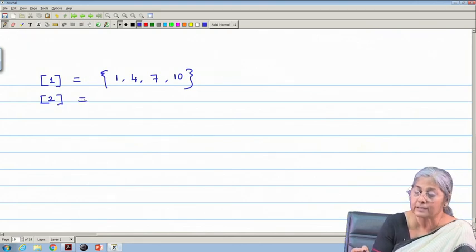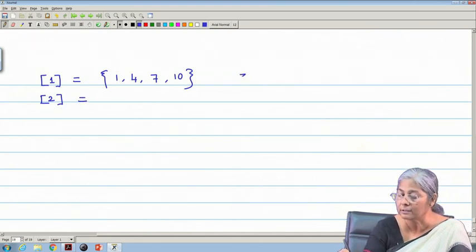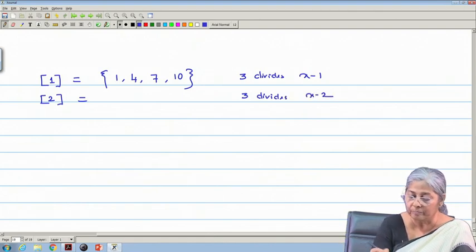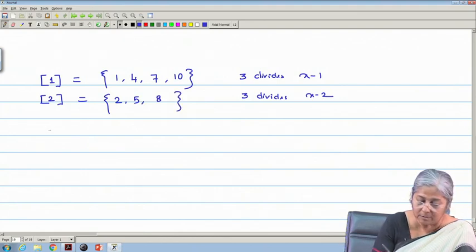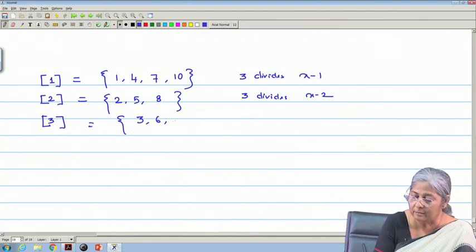Here 3 divides x minus 2. So, it will be 2, 5, 8. Similarly, my [3] will be 3, 6, 9.